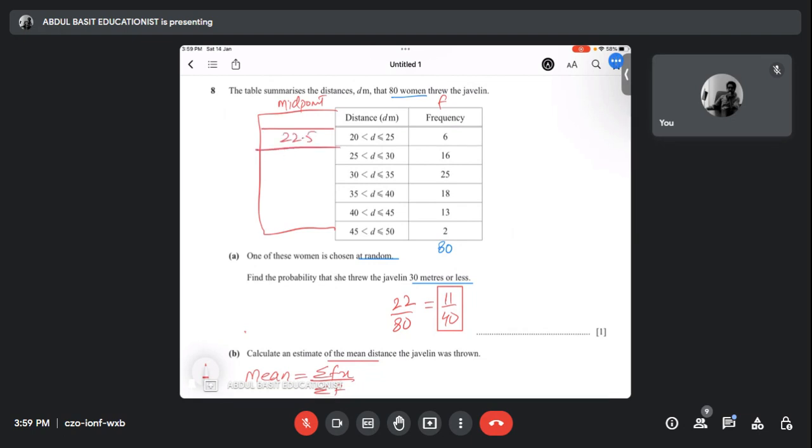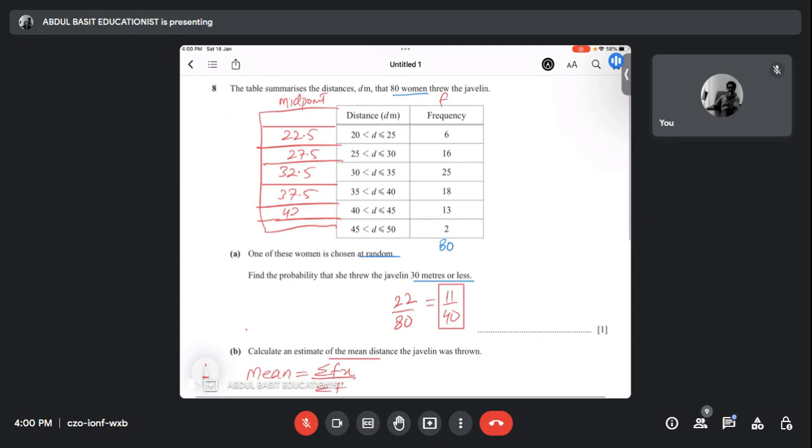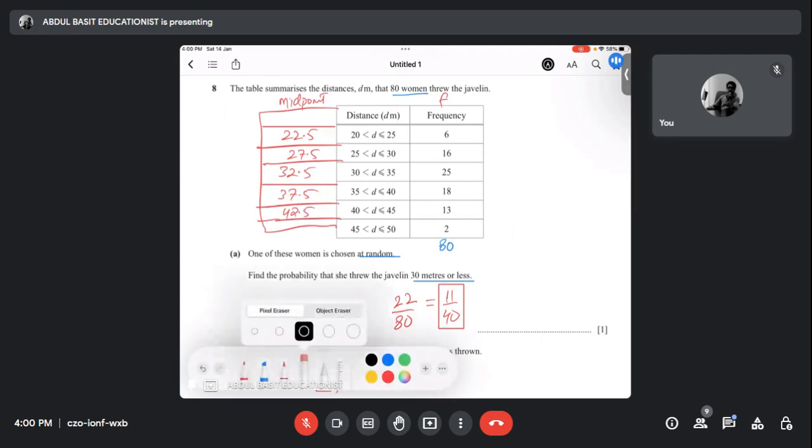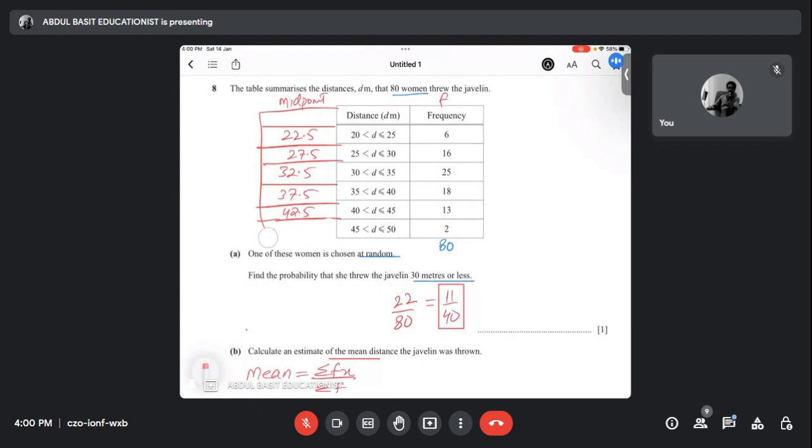Get your calculator ready. 25 to 30 is 27.5. 30 to 35, the midpoint is 32.5. 35 to 40 is 37.5. 40 to 45 is 42.5, and the last one is 45 to 50, it is 47.5.